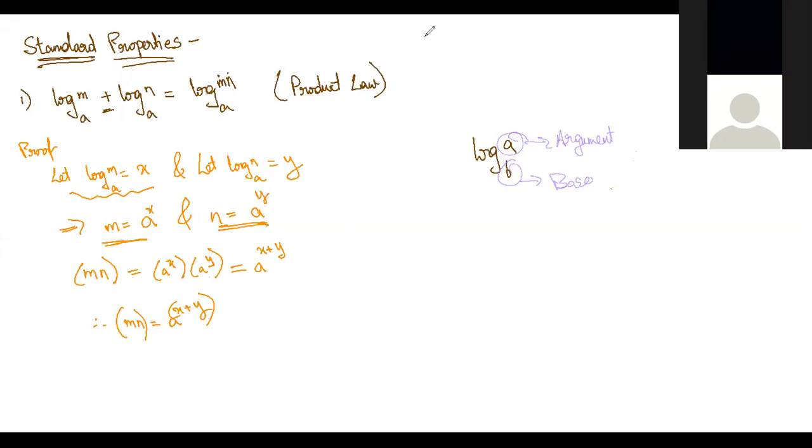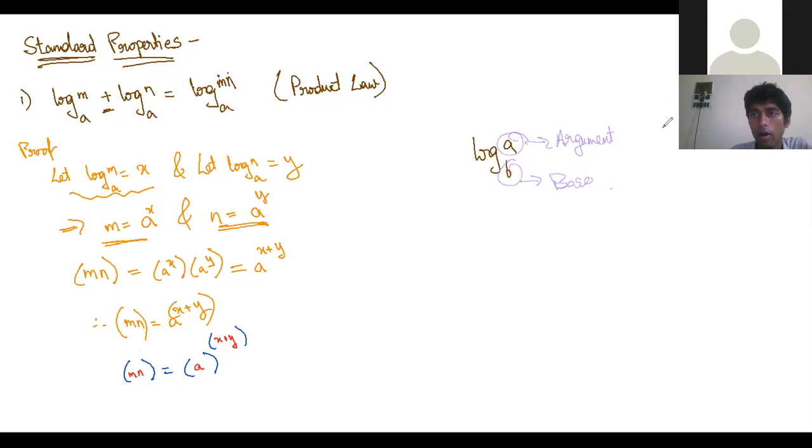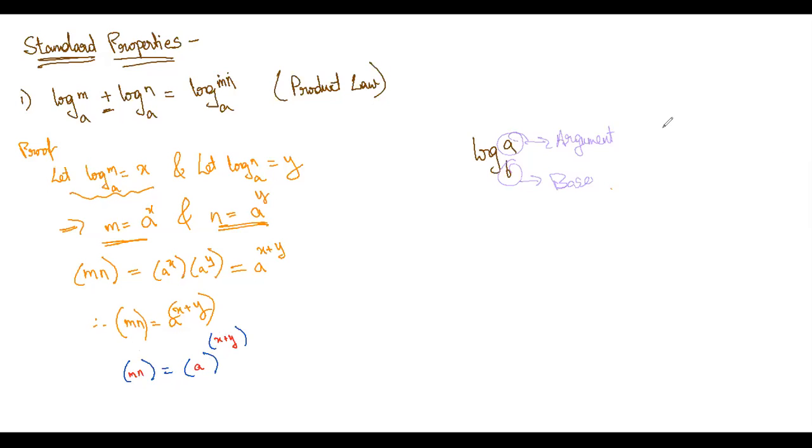Okay. See, this is something equal to some base to the power something. What is that something? m into n is equal to a to the power x plus y. Now my question is how to put this in the form of a logarithm. This is like a power b is equal to c. Remember? I want everyone to answer. Ashwant, can you answer?